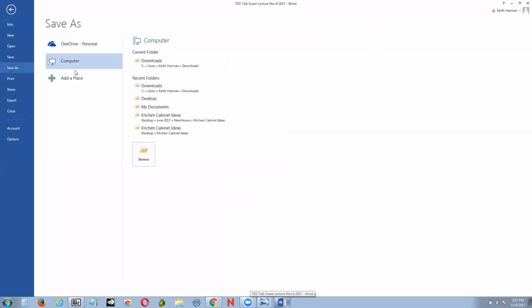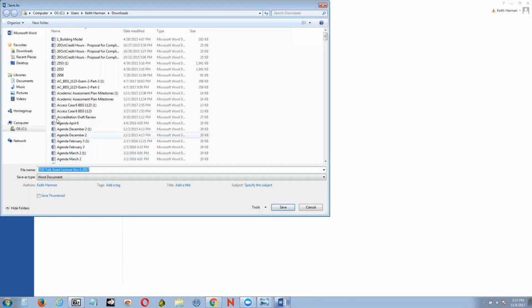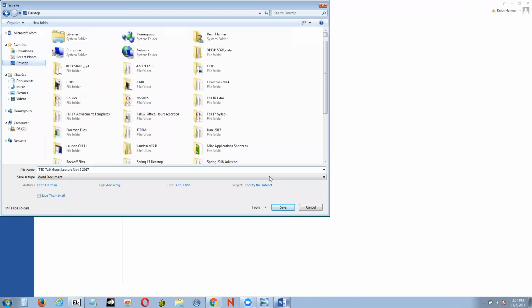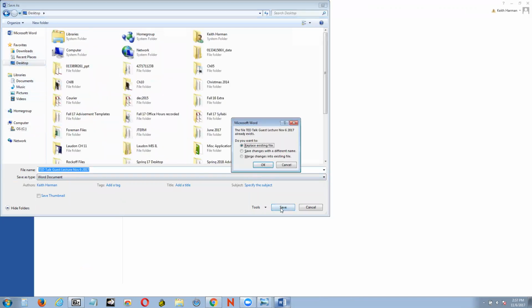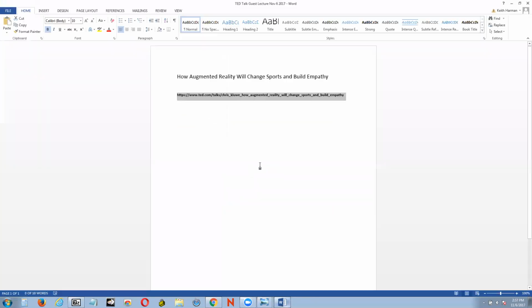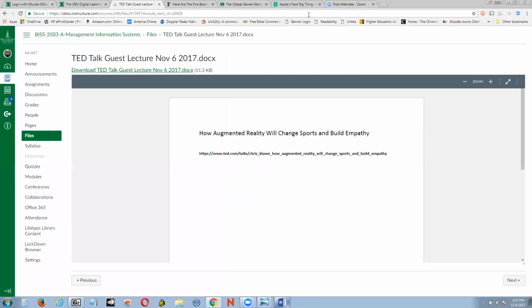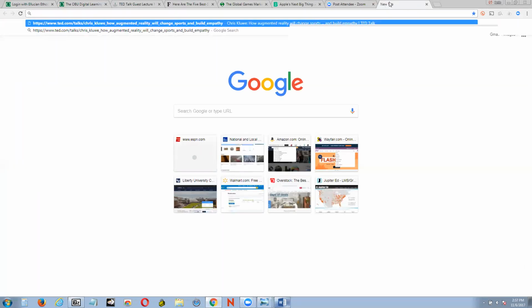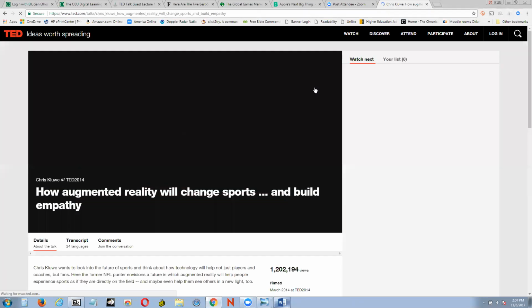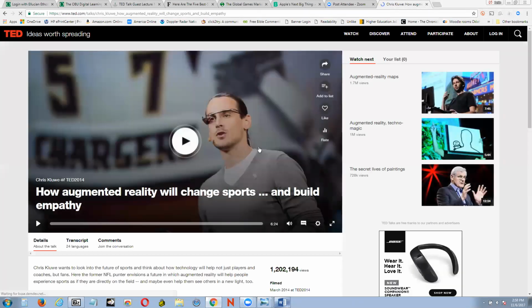This is just so that by doing that, we're just not copying and cutting, because they have their intellectual property, excuse me. Now they put it out there for people, and they want people to see it because they're advertisers, etc. And this is how it will change sports and build empathy.